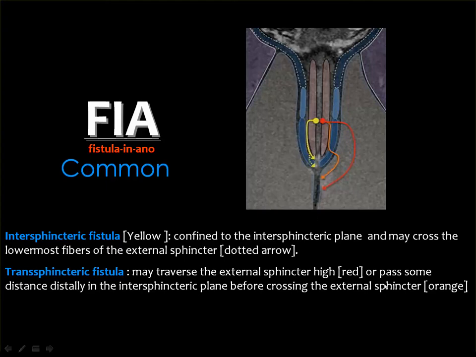Then the transsphincteric fistula is the fistula crossing the internal and the external sphincters, going to the ischioanal fossa, then to the skin.